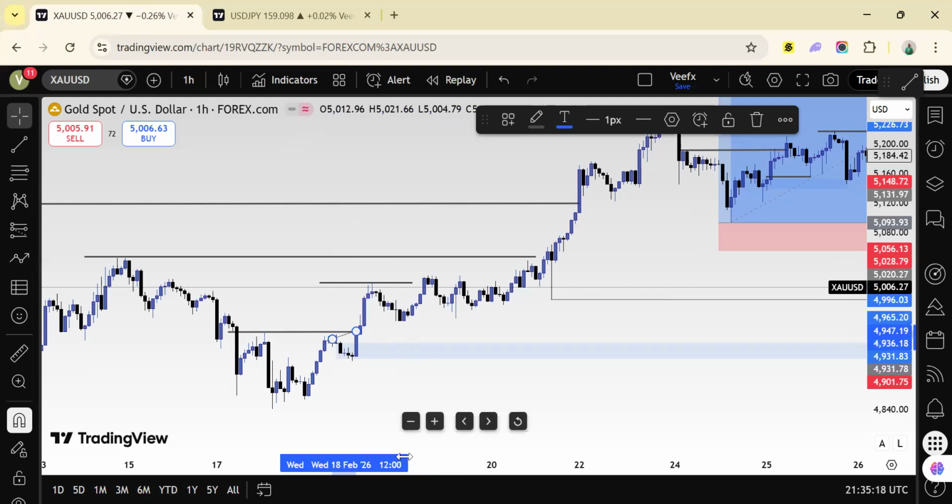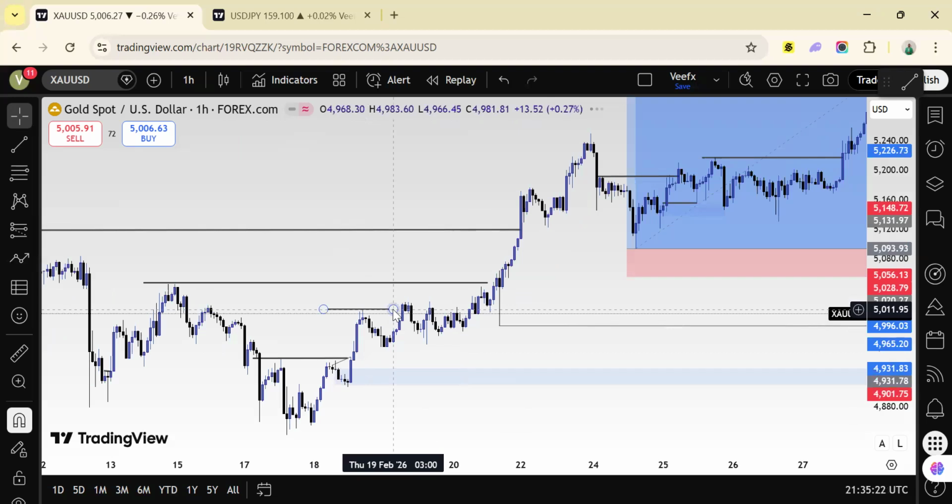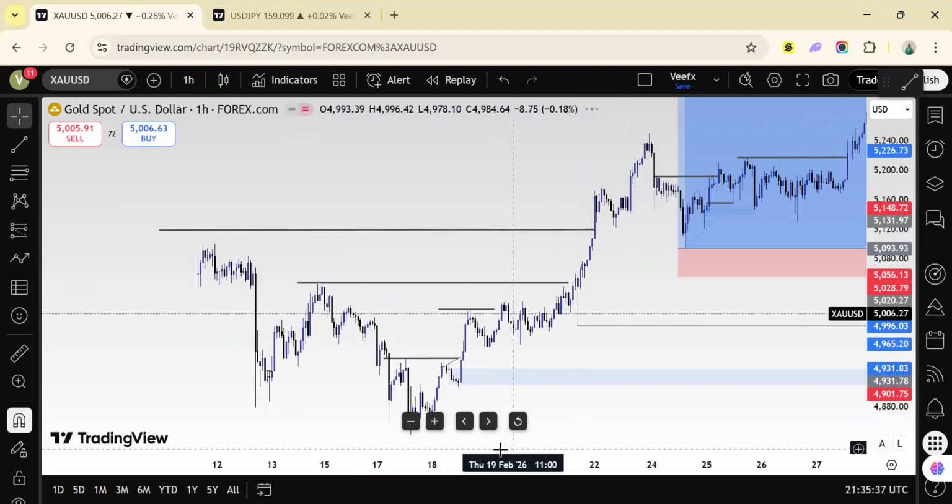But the market is on an uptrend. So for the market to keep maintaining that uptrend, like I said, it needs to keep giving you a break of structure. So you can see there's a break of structure here, here, and here, and this is a clear uptrend. So when the market is moving to the upside, you will know.